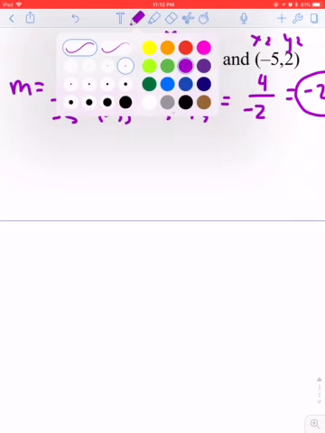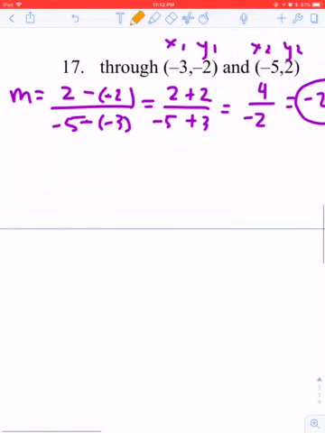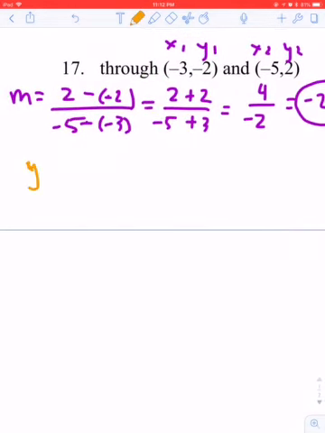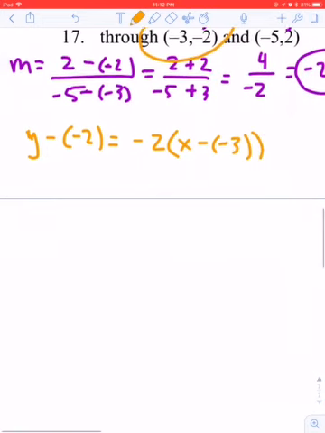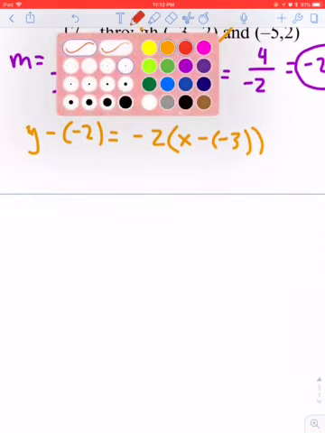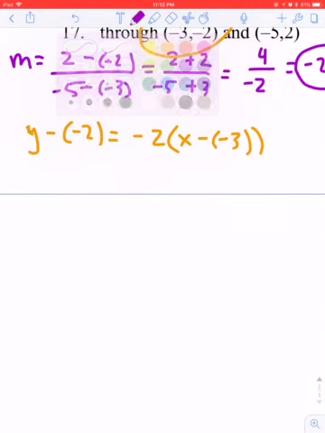So write it in point slope form. y minus my y1 right here, negative 2, is equal to my slope, times x minus x1, which is negative 3. And then you just have to distribute and simplify this down.